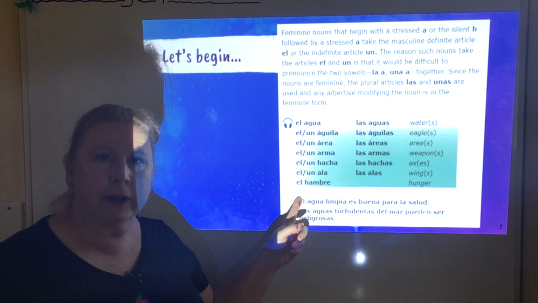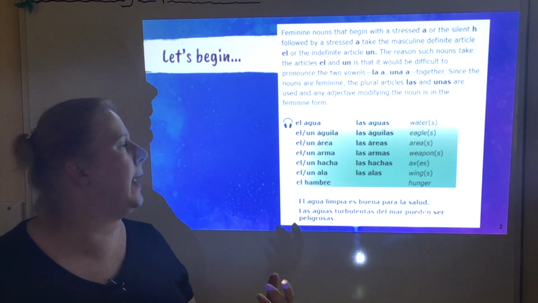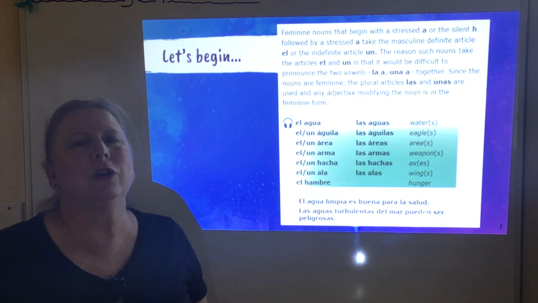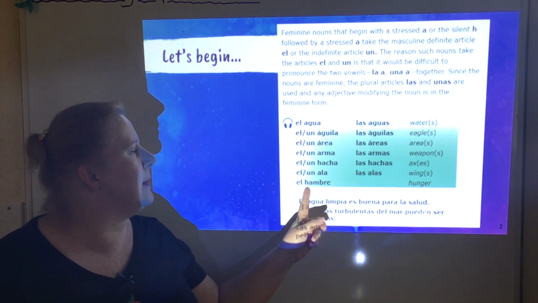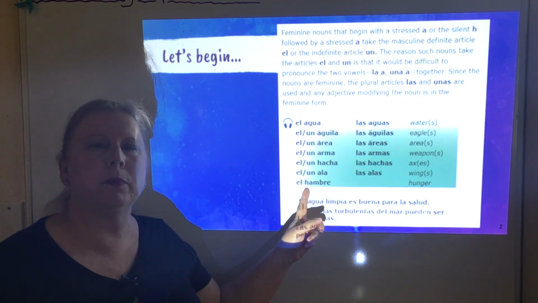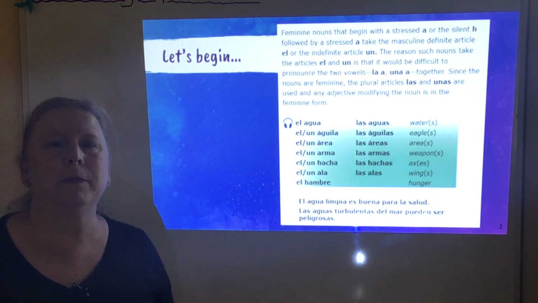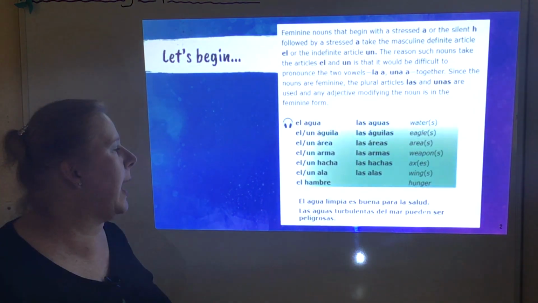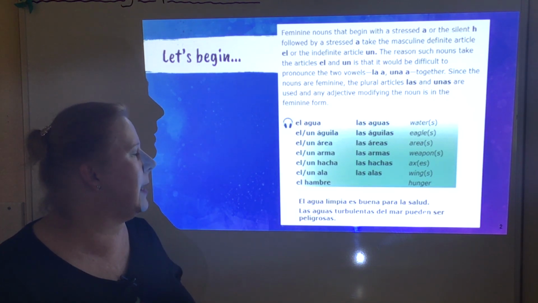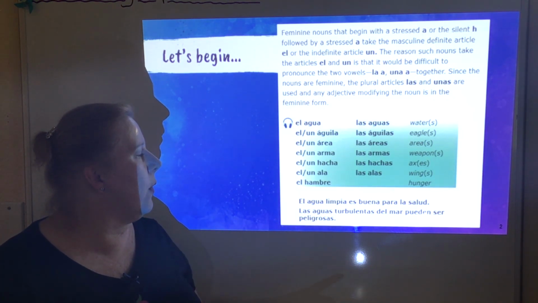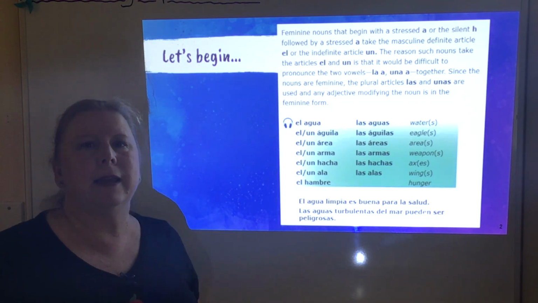Hambre, hunger, is the only one that's not going to change when it goes plural, because there is no plural for hungers, all right? The reason that's here is because it's hambre. Remember, we don't pronounce the H at the beginning of the word, so therefore, to make the pronunciation easier, that's what you've got. So, el agua limpia es buena para la salud. Las aguas, so turbulent water of the ocean, pueden ser peligrosas, can be dangerous.